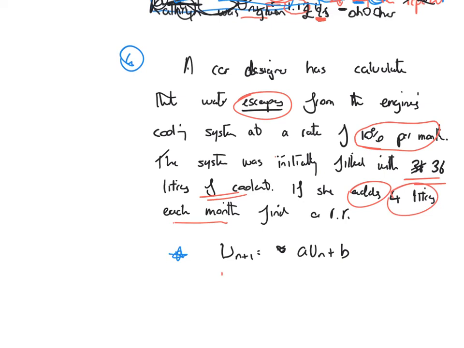So Un+1 equals, now how much of that coolant remains from last time? Well, 10% escapes, so 90% remains, 0.9. And then to compensate, we add 4 litres. Un+1 equals 0.9 Un plus 4.